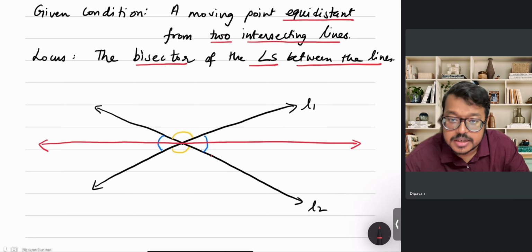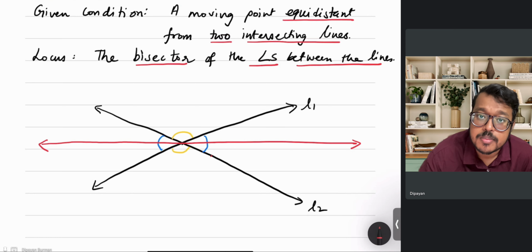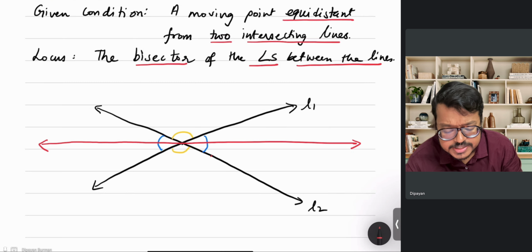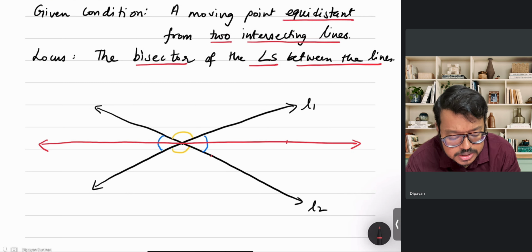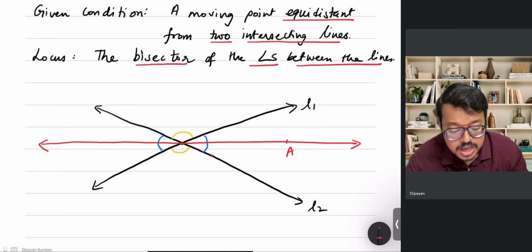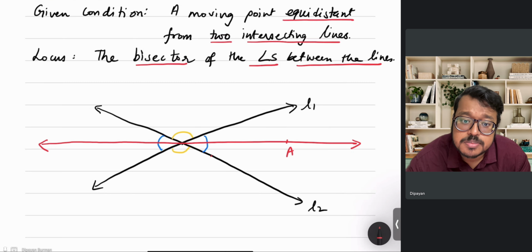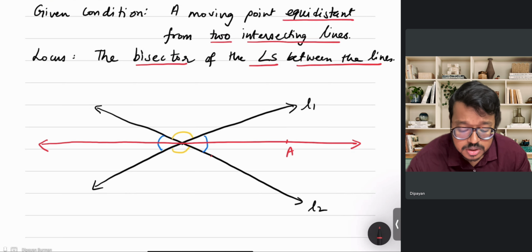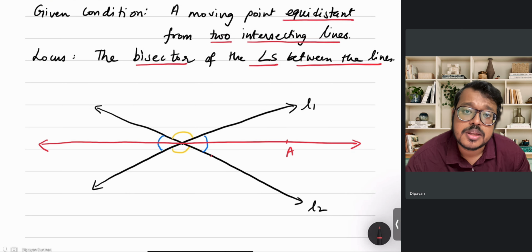So this line is the path of the moving point, which is always going to be equidistant from the lines L1 and L2. If I select any point, let's say point A on this angle bisector, and look at the distance between point A and lines L1 and L2, I always look at the perpendicular distance whenever I am talking about the distance of a point from a line.